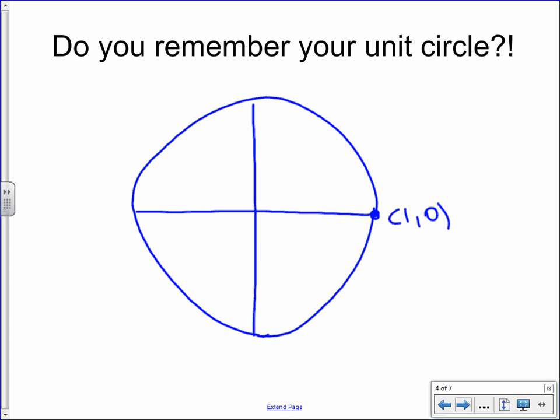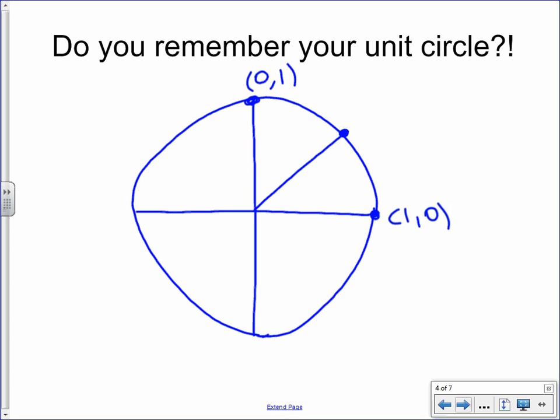And Sean, what is the tangent at 0? 0, which means the cotangent is? Okay. That is a terrible circle, but you guys will forgive me. At pi over 2, what's our coordinate? 0, 1. Sarah, what's the tangent at 0, 1? And what's the cotangent? Great.